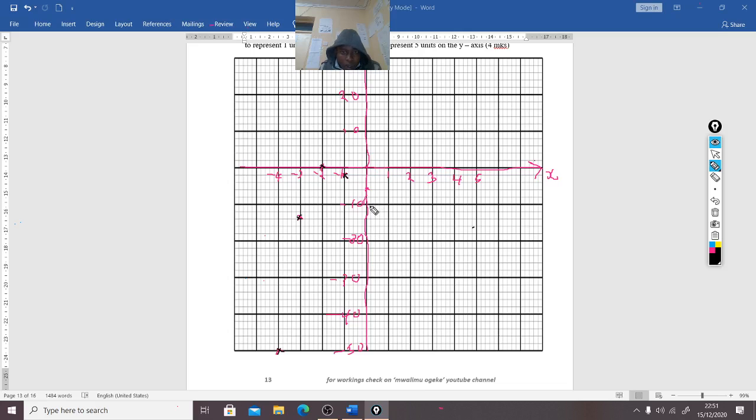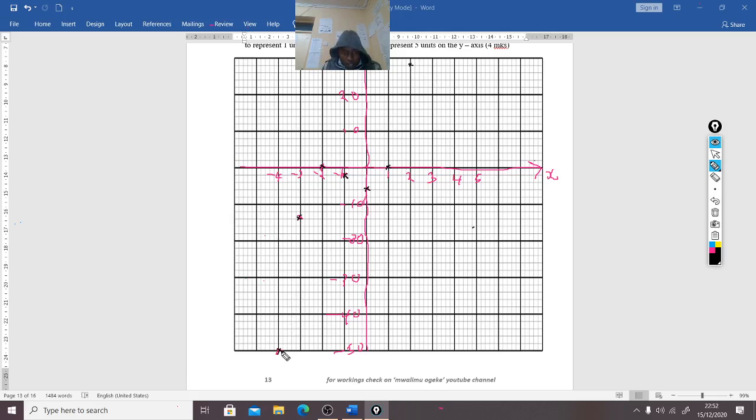We have said 0 is at negative 6 here. And then we move on, at 1 is 0. Then at 2 is 28. At 2 we now move to 28. This is 22, 24, 26, 28 will be here.